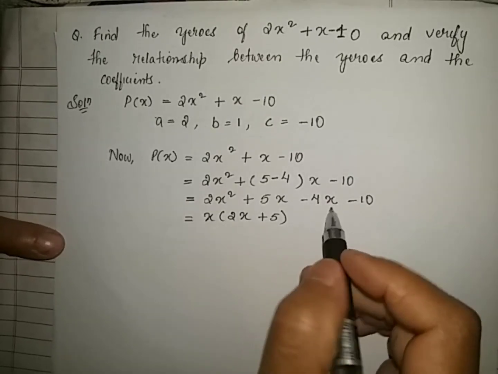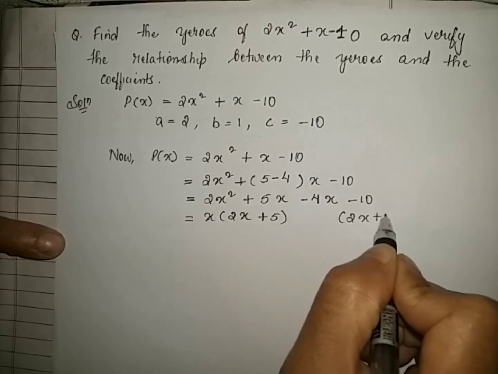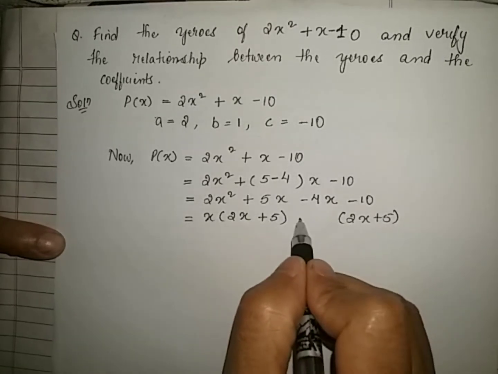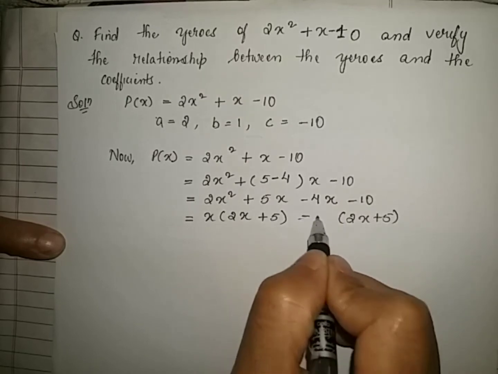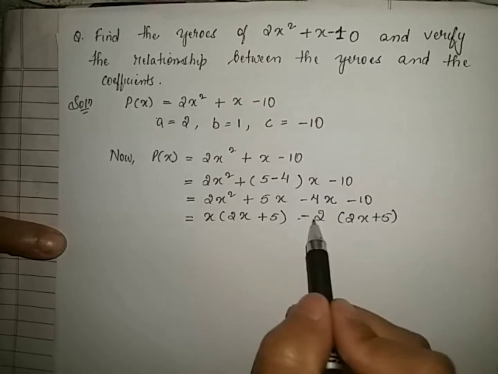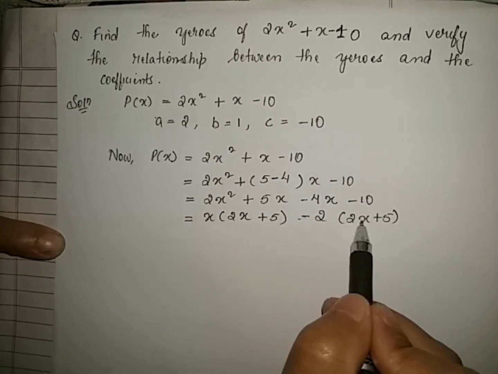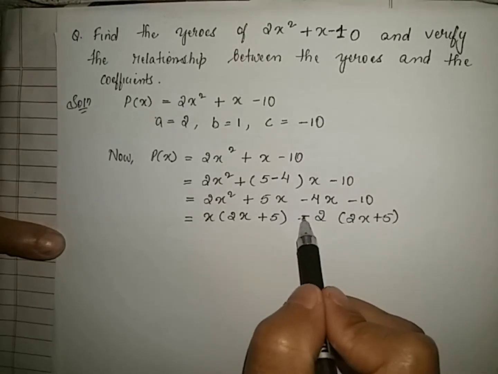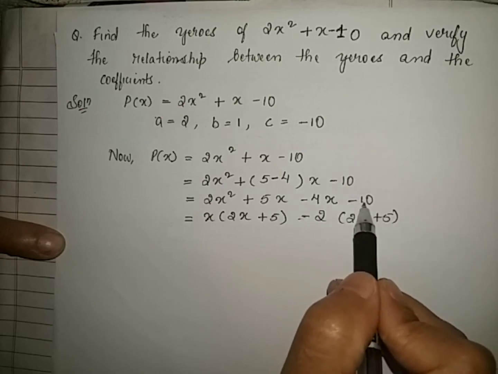For simplicity, let me write 2x plus 5. And we will find the gap here. What if I take minus 2? Minus 2 into 2x gives me minus 4x. Minus 2 into plus 5 gives minus 10.